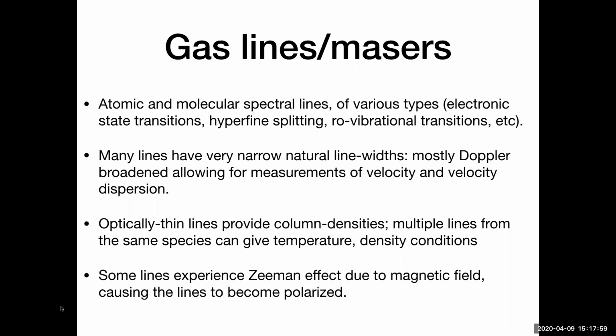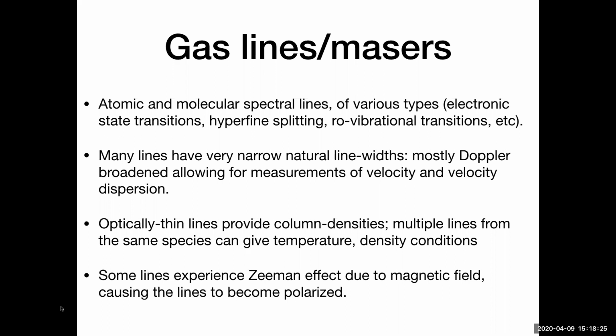And in addition, some lines undergo Zeeman splitting, the Zeeman effect, due to magnetic fields, and this leads to polarization in spectral lines, although this tends to be circular polarization in many cases. And also, in a lot of environments, the Zeeman splitting is actually too weak to give you multiple resolved spectral lines.